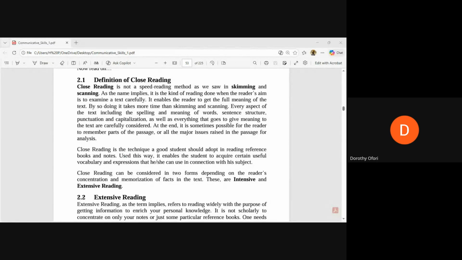Thank you so much. I think you've summarized everything that we have to do. So when we look at close reading, it is not speed reading, as we know about skimming and scanning.